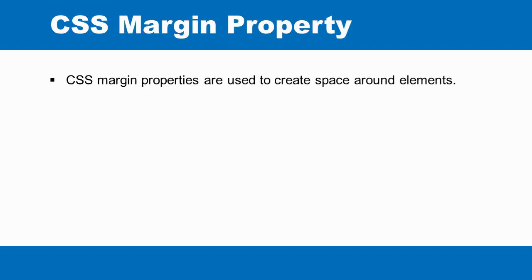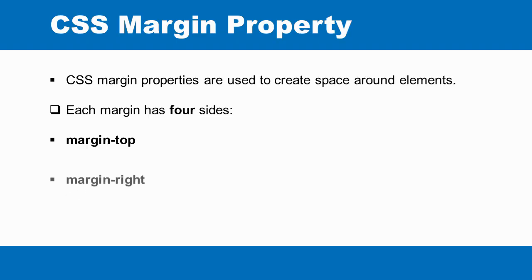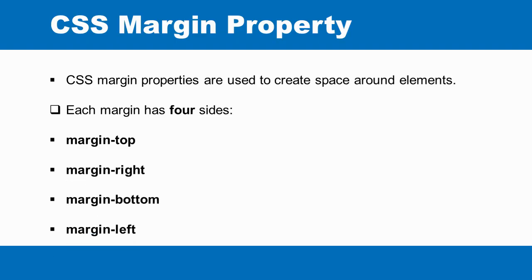Each margin has 4 sides, and you can use the CSS margin property to set the margin area of all 4 sides of an element.